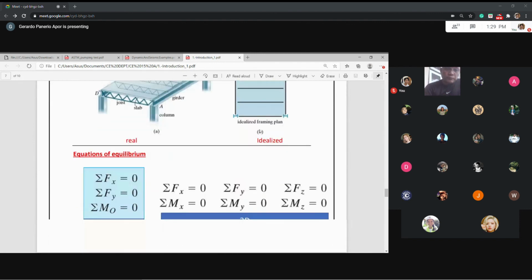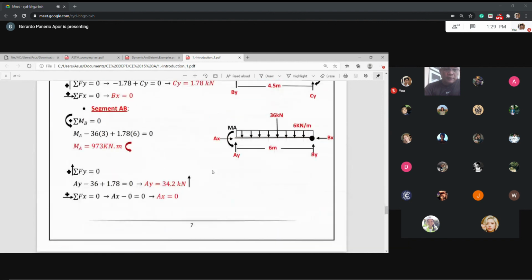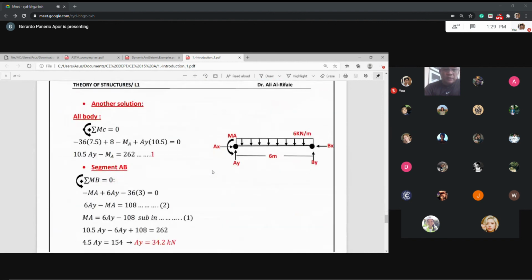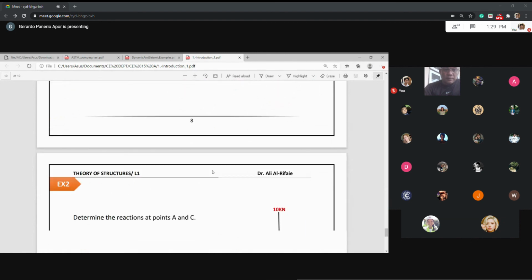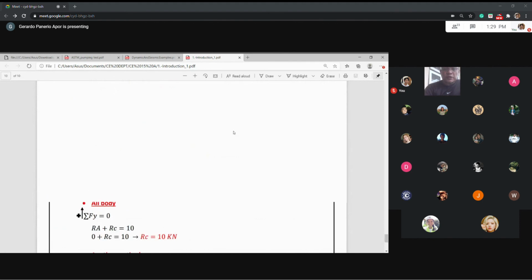The example is already about beams, how to determine the reactions, which has to do with the support system.